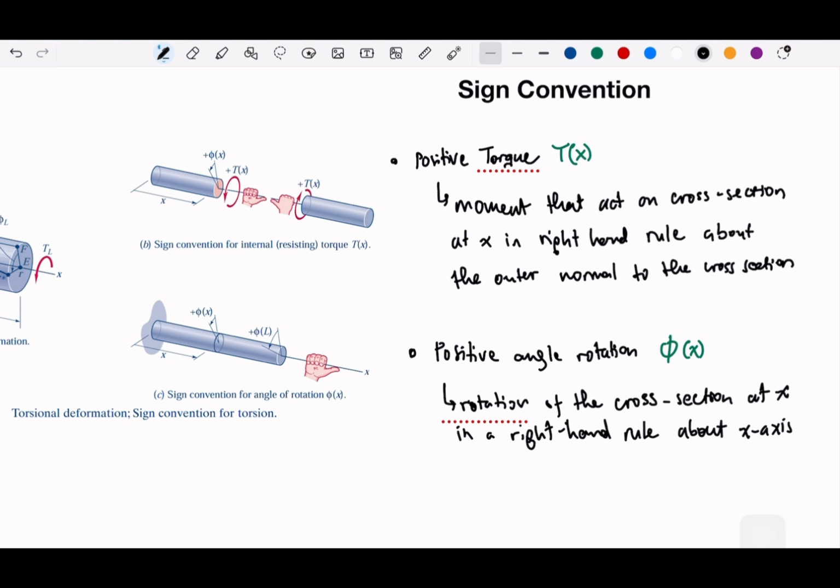So now, after we have all these assumptions for the sign, we need to combine the torque and the rotations in mathematical descriptions.